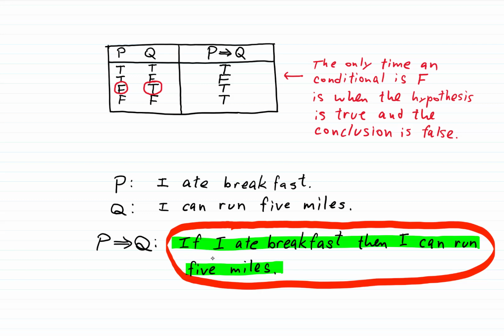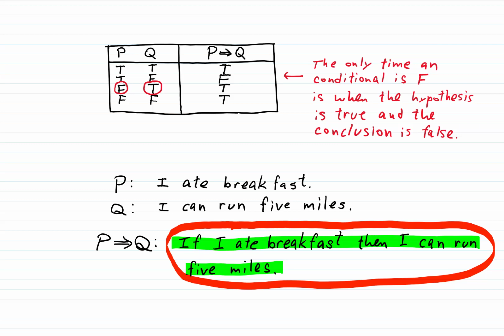Again, you might say, well, the sentence says that you have to eat breakfast in order to run 5 miles. And if you said that, you'd be wrong. The sentence does not say that. It never says that I need to eat breakfast to run 5 miles. Okay? Don't read into it something that's not there.